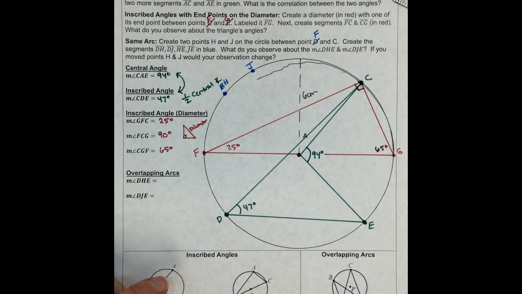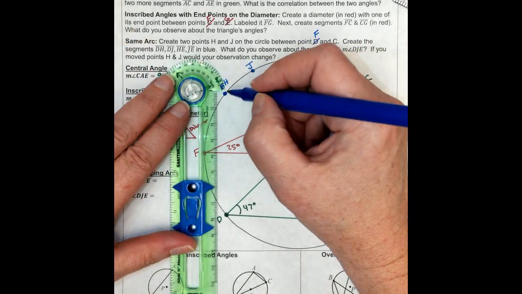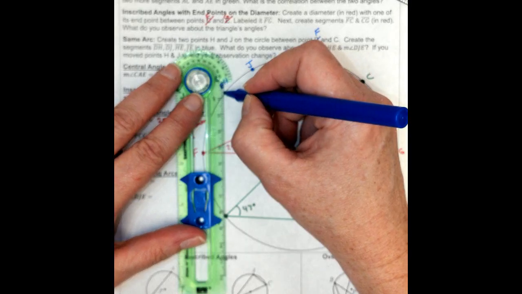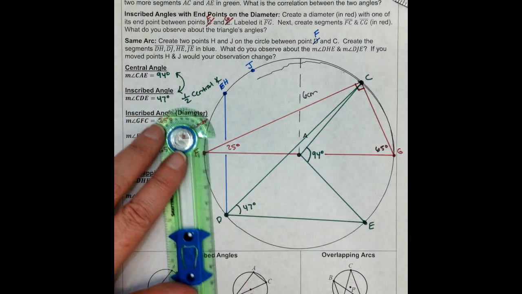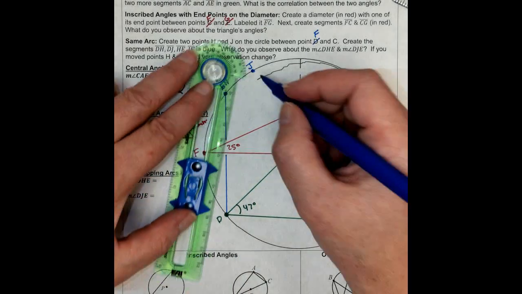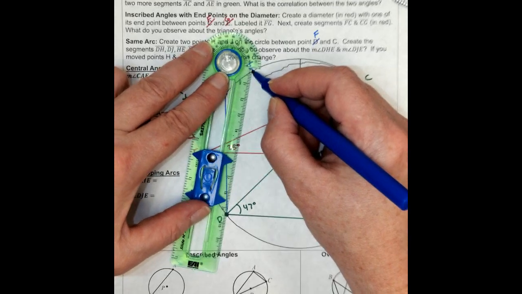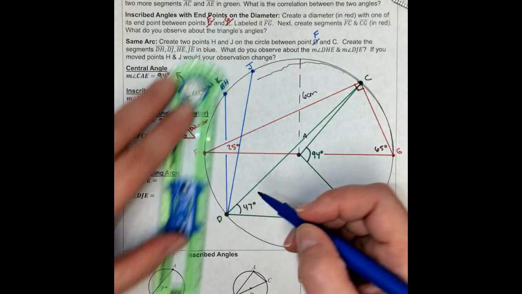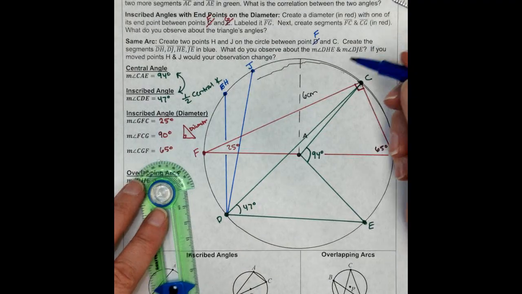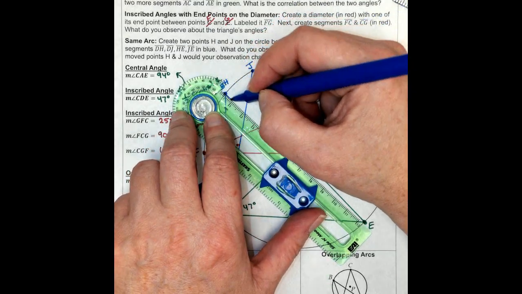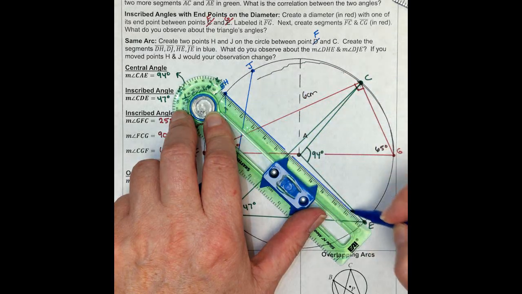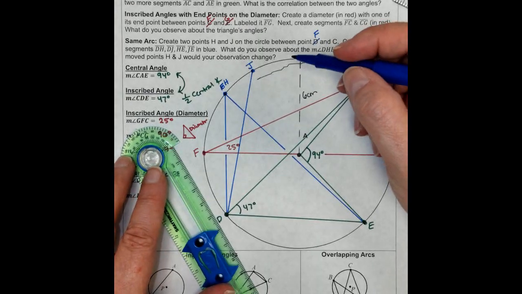Now I'm going to create the segments DH, so right here. DH, DJ, DJ, HE, and JE.